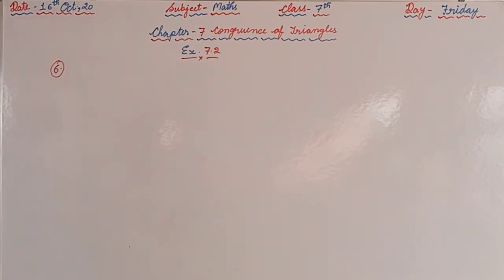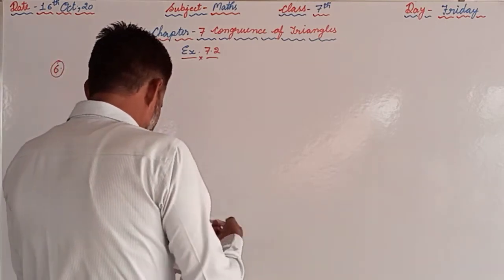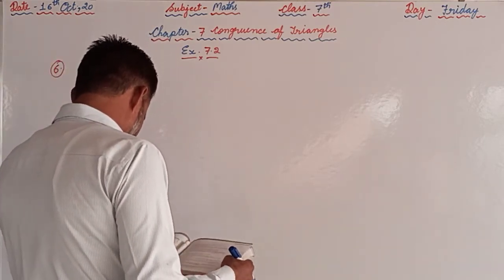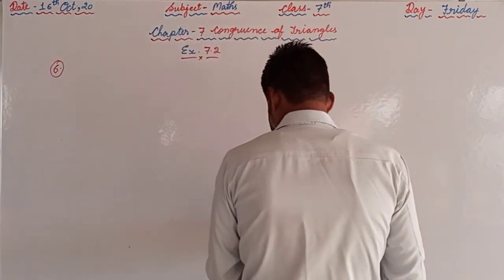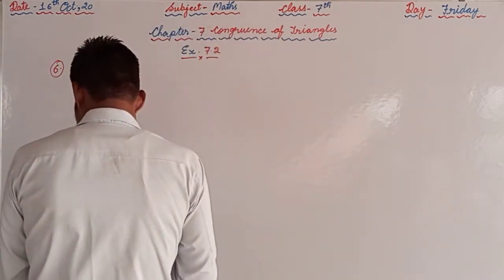First of all, we will read the question, what is given in the question. So exercise 7.2, page number 150, question number 6. Two diagrams are given.